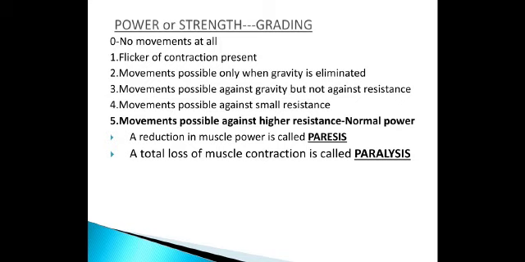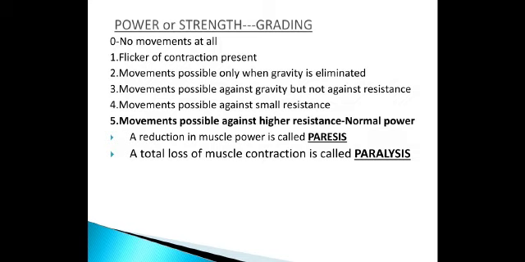The third grade is movements possible against gravity but not against resistance. The limb can be moved against the force of gravity but not against the examiner's resistance. So when he is flexing, we try to prevent the flexion.